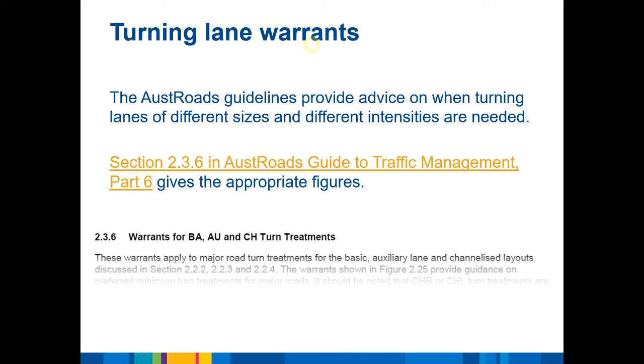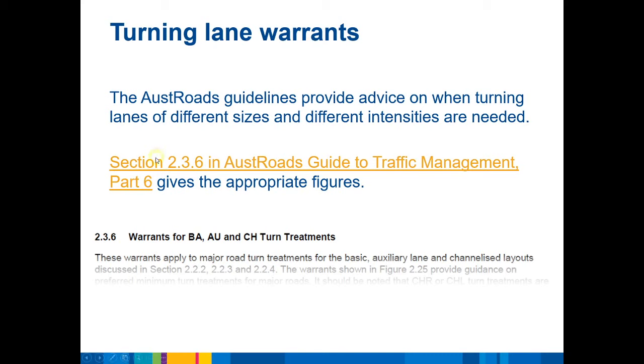Whether you are in Victoria or in New South Wales, whether you are building a housing development or a new Bunnings warehouse or something like that, who decides what the turning lanes should be? How do we make sure it's consistent?